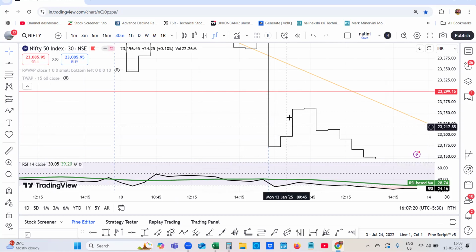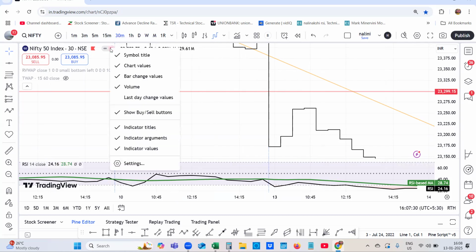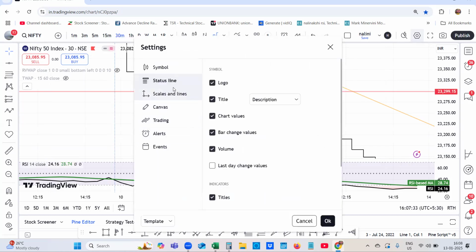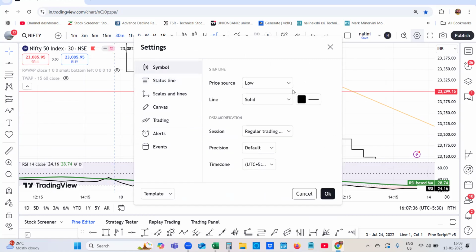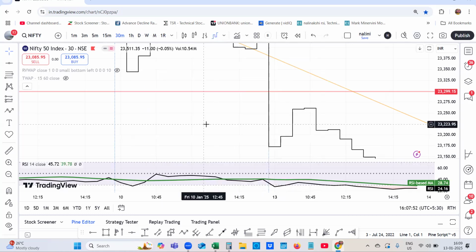So better tweak it to the lower setting, where you can go here and right click, go to the settings and change here. Click on the symbol, you can choose step line, whatever you want, you can keep it. Better you keep it for the low. Close will not give you lower readings of the option premiums.